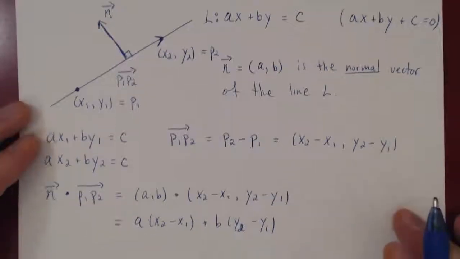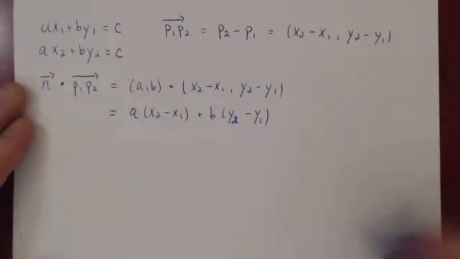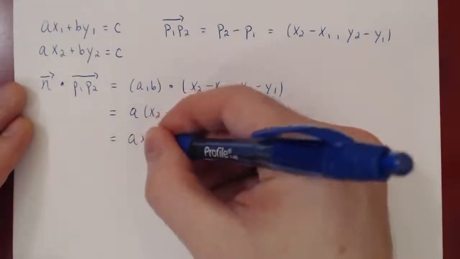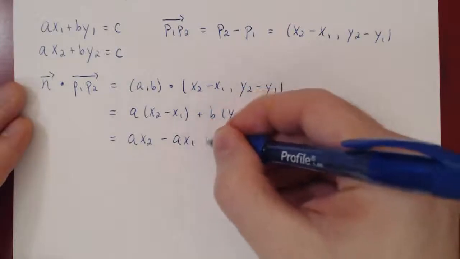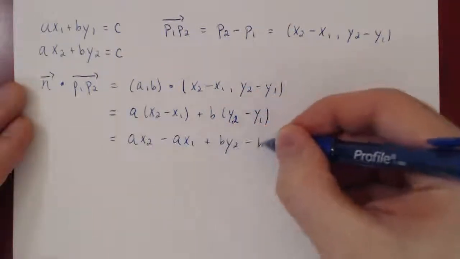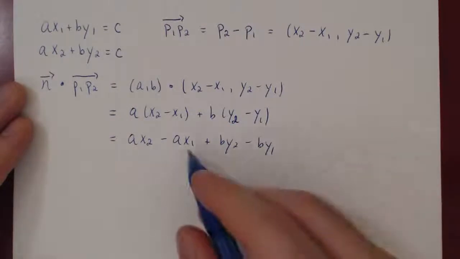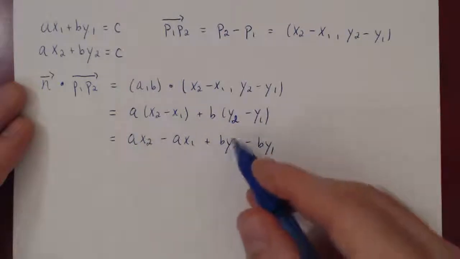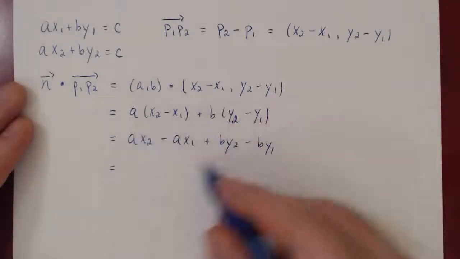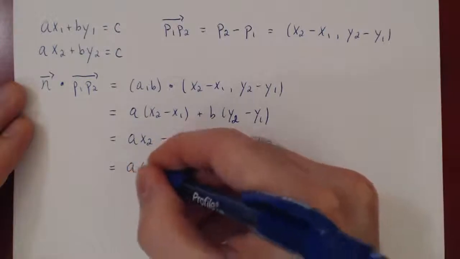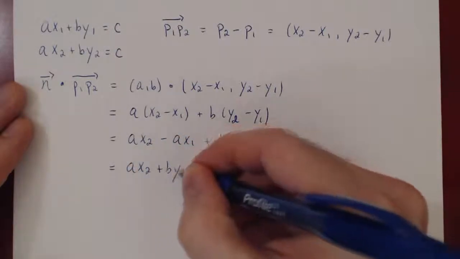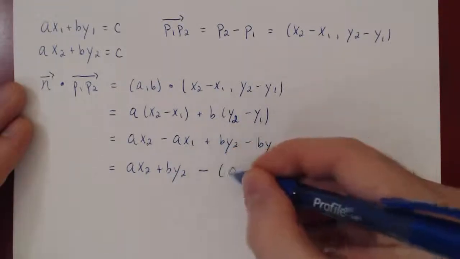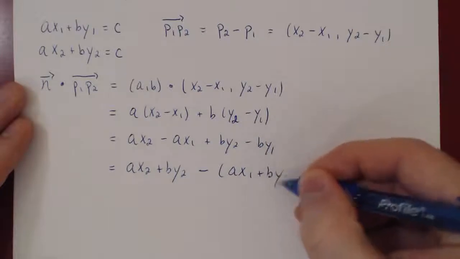We can distribute and see what comes out of this. We'll have ax2 minus ax1 plus by2 minus by1. Let's combine the values x1 with y1 and x2 with y2. So we'll have ax2 plus by2, and with x1 and y1, let's factor a negative: minus (ax1 plus by1).